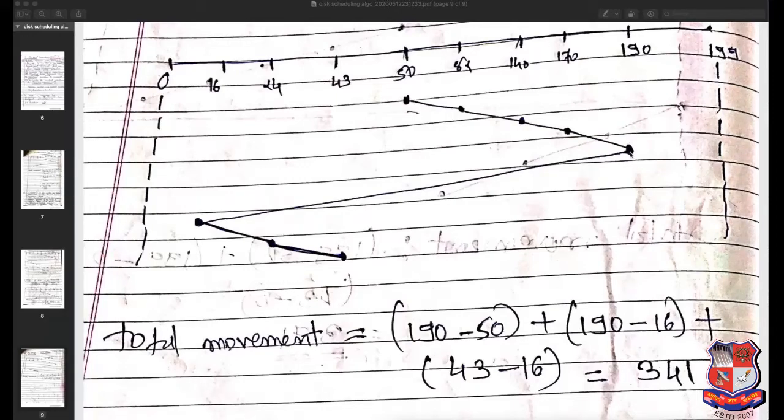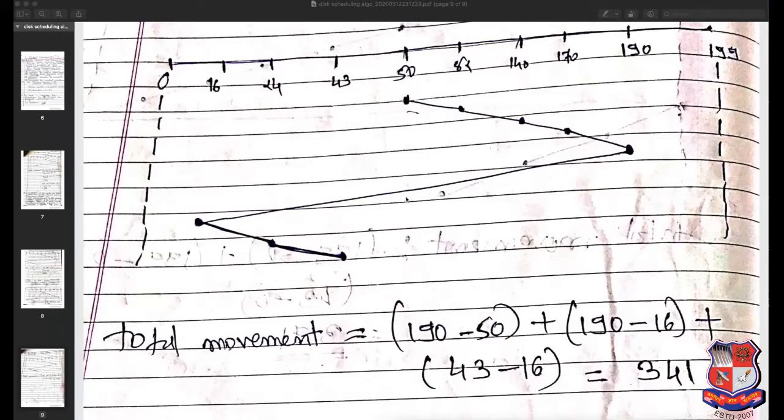Okay, and when I reach one end, it connects directly to the second end. My second end is 16, because 16 is the last request track of the reverse direction.